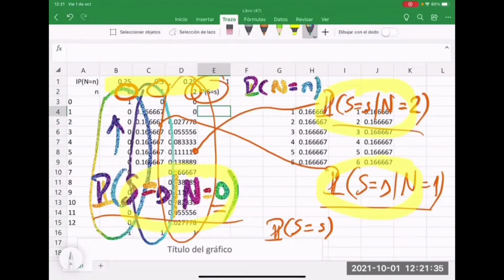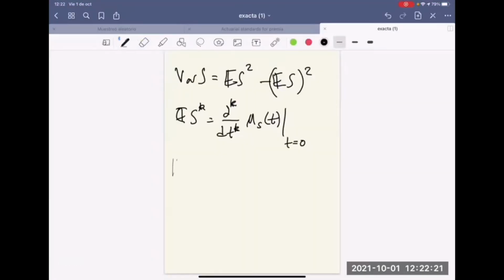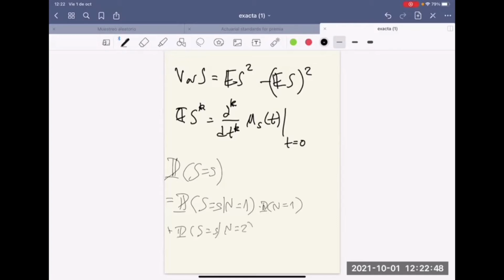So maybe there is some result in the theory of probability that might help us to do this. What is the probability that S equals s? This is the probability that S equals s given that n equals 1 times the probability that n equals 1, plus the probability that S equals s given that n equals 2 times the probability that n equals 2, plus the probability that S equals s given that n equals 0 times the probability that n equals 0.